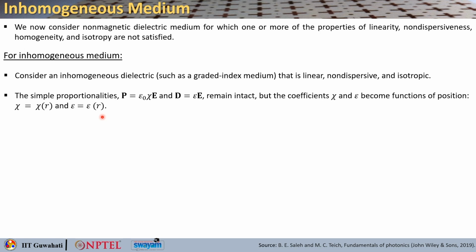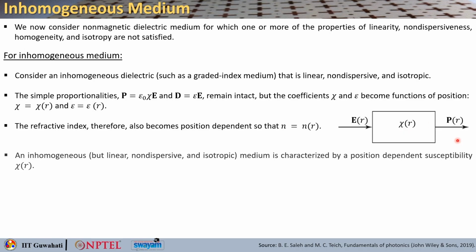Along the position the refractive index changes, so refractive index is also position dependent, and you should represent it as n(r). This is how things look in a scenario where you have an inhomogeneous but otherwise linear, non-dispersive and isotropic medium, characterized by a position dependent susceptibility chi(r).